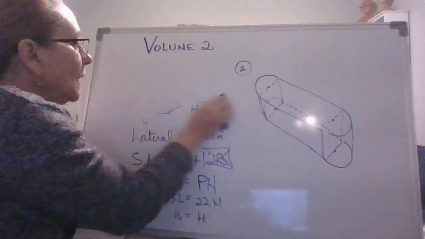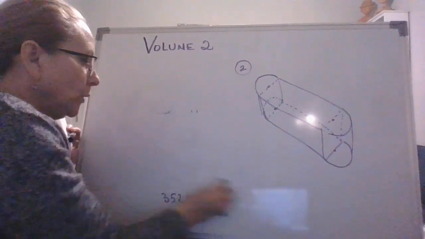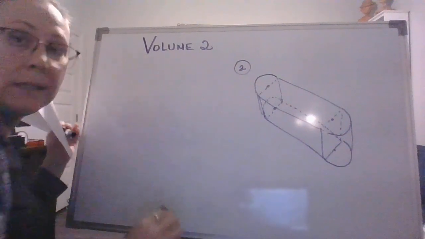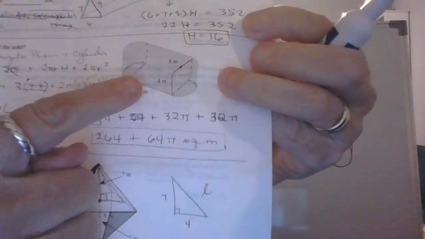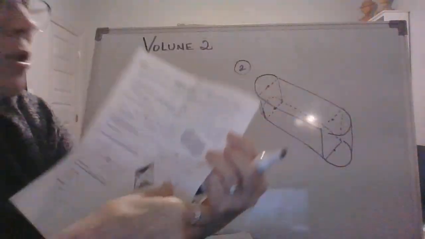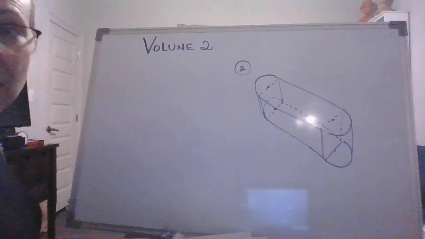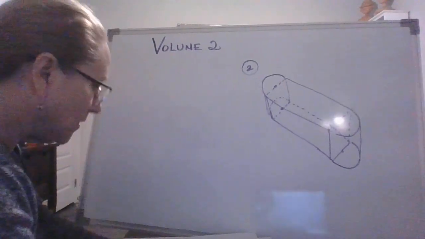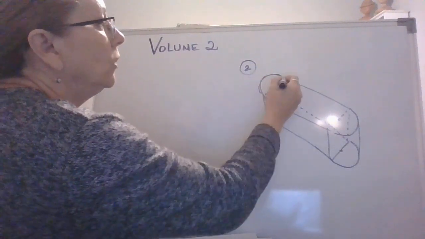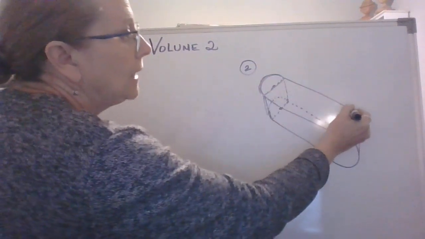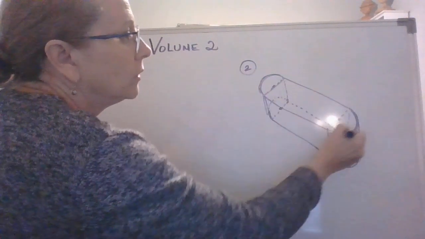Now, the second problem. If you're looking at my picture and going, I have no idea what that picture is, well, it was supposed to look like this one right here. And if you're still not sure what this is, and I'll start with the base, there's a half of a circle here and a half of a circle here.